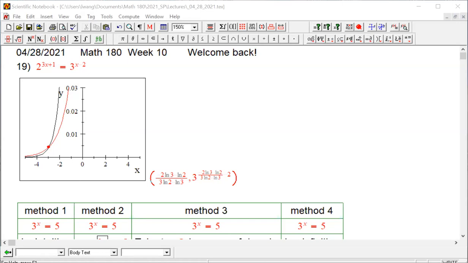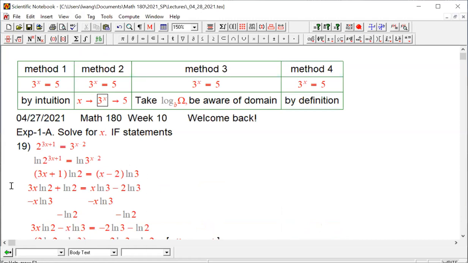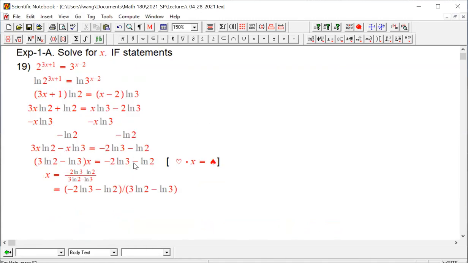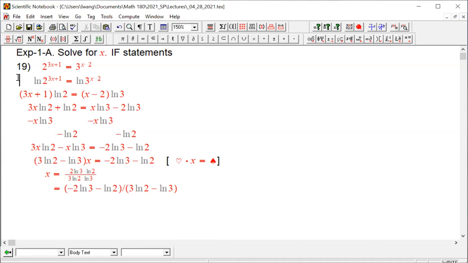Recap on what we did yesterday. We used the method of taking logarithm. In this case, we take a natural logarithm on both sides. And then we just carry out the operation using power rule, combining like terms, right?